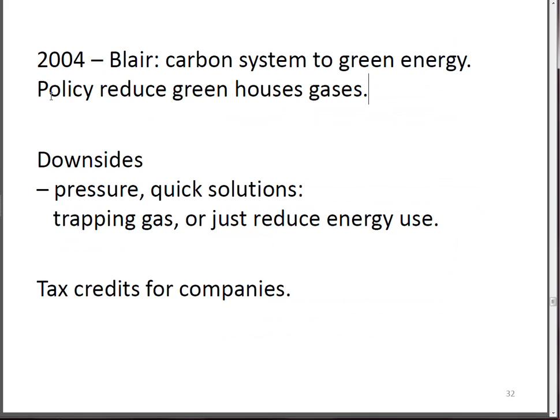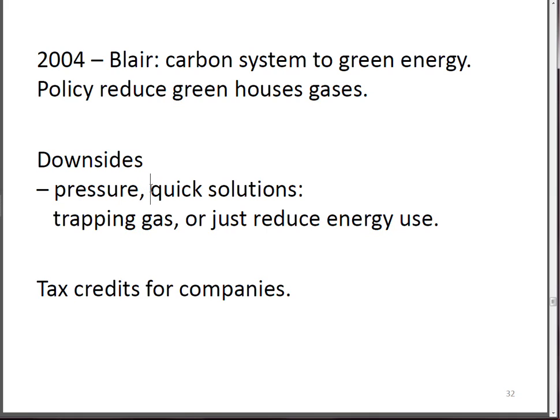Now, this is an important point, because the downside, in this case, around those years, the downside of policies to reduce gases was that there was a lot of pressure on everyone, on Tony Blair, on the government, on consumers, on you and me. There was pressure now to start reducing greenhouse gases, which meant quick solutions.